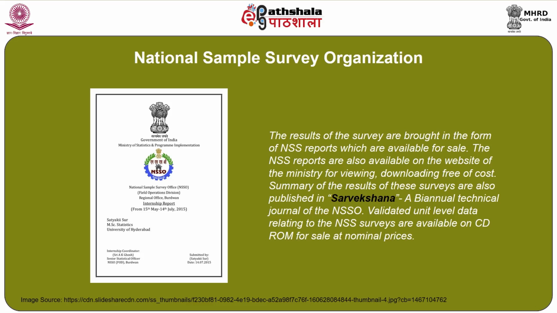The NSS reports are also available on the websites of the Ministry for viewing and downloading free of cost. Summaries of the results of these surveys are also published in Sarvekshana, a biannual technical journal of the National Sample Survey Organization. Validated unit-level data relating to the national sample surveys are available on CD-ROM for sale at nominal prices.